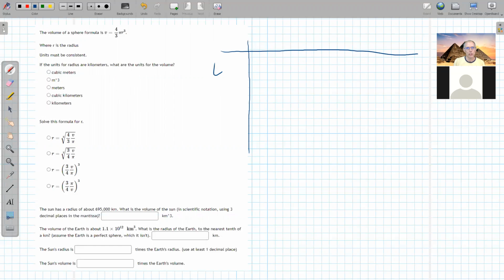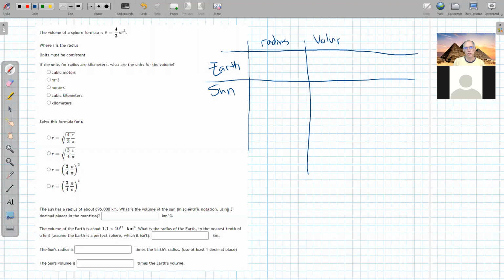We're going to put the Earth here, and the Sun here, and then the information that's important is the radius of each and the volume of each. Because the numbers are so big, we're going to write some of them in scientific notation also. I'm going to skip on down past this first stuff. We'll come back to that in a minute.